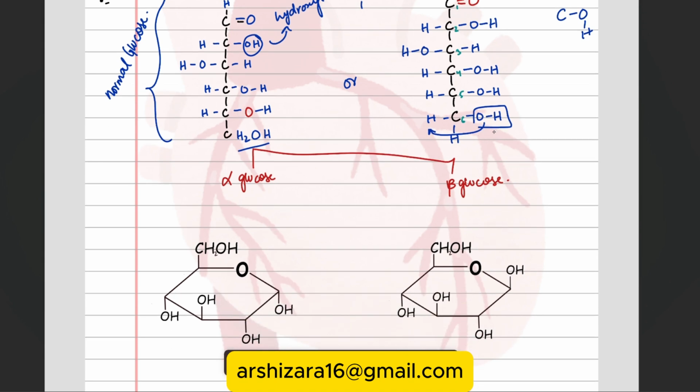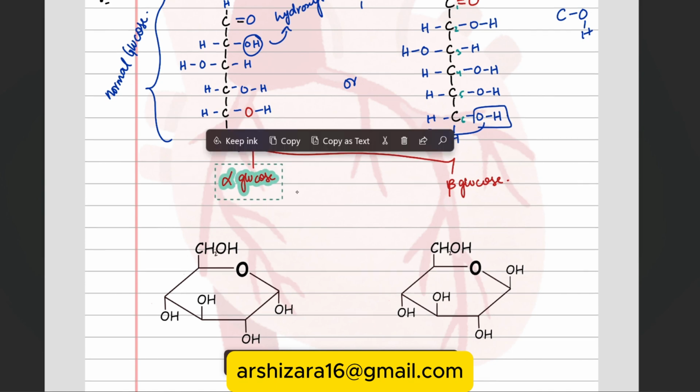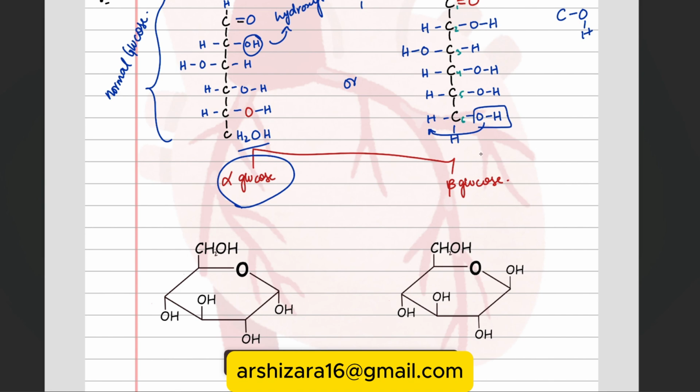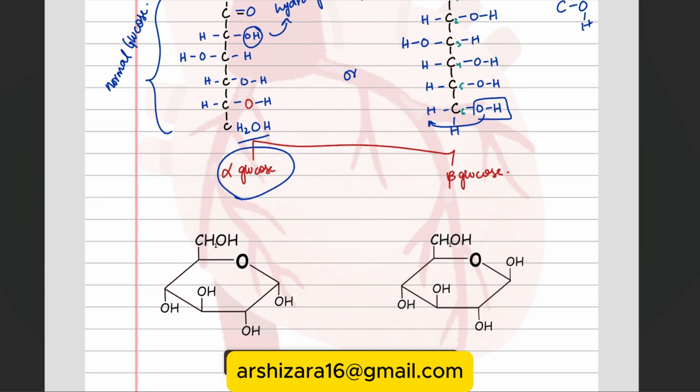Taking this example, there is an alpha glucose and a beta glucose. It happened because of what I just said earlier, that this positioning is very important. If you change the positioning, the molecule is changed. Now it's something else.